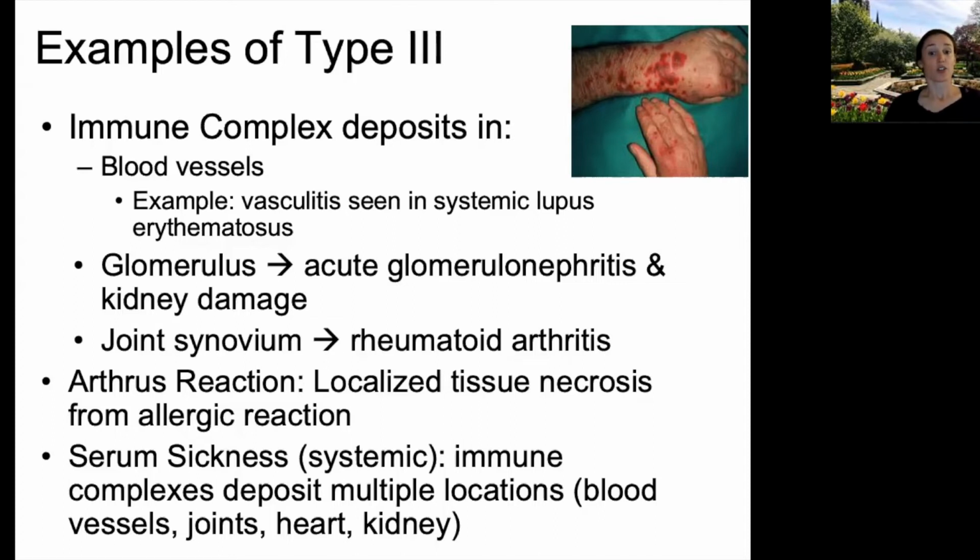There's also joint synovium, which leads to rheumatoid arthritis. There's also the Arthus reaction, which is local tissue necrosis that occurs from an allergic reaction. Serum sickness is a systemic problem where immune complexes deposit in multiple locations, including the blood vessels, joints, heart, and kidney.